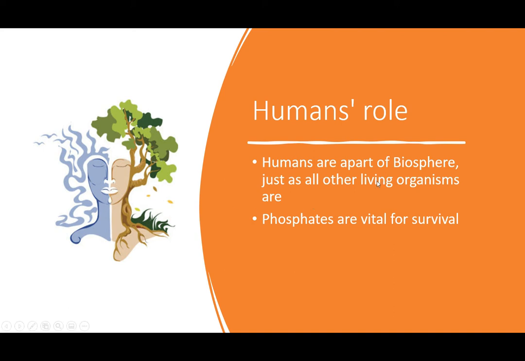Humans are a part of the biosphere, just like every other living organism. But phosphates, like I said, are in that DNA. Phosphates tie in with that law of minimum. We wouldn't grow as much as we did without phosphates. We wouldn't grow and be living without that vital nutrient.